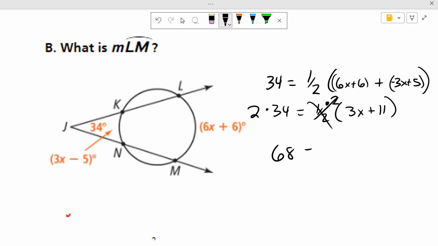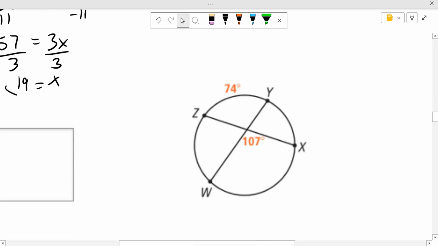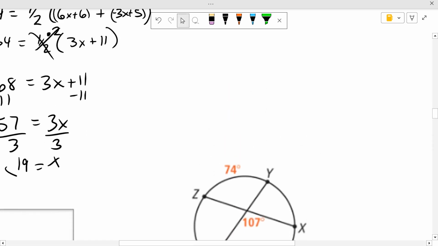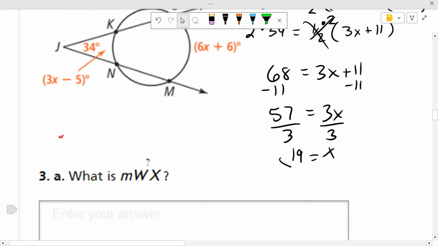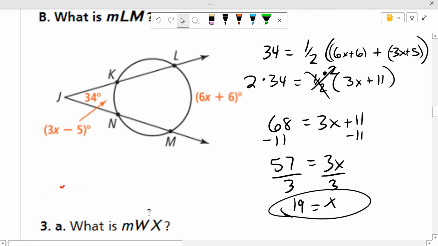So 68 equals 3x plus 11. So if we subtract 11 now, we get 57 equals 3x divided by 3. X equals 19. Okay? So when the angle's on the outside of the circle, you take 1/2 of the big part minus the little part.